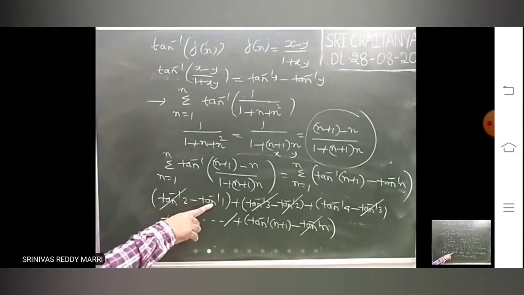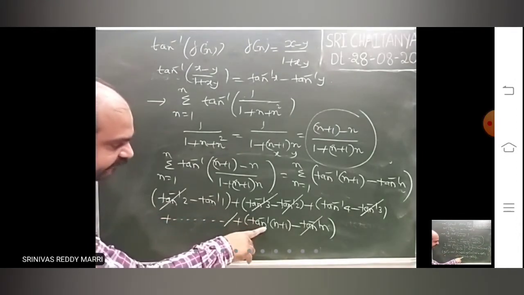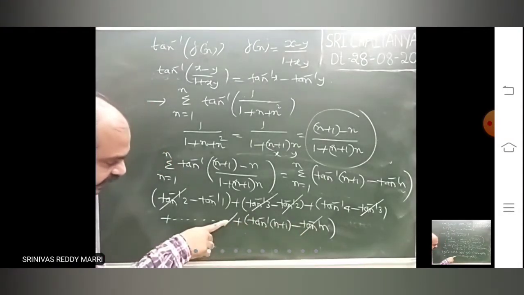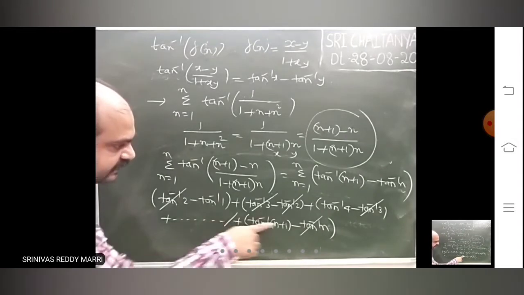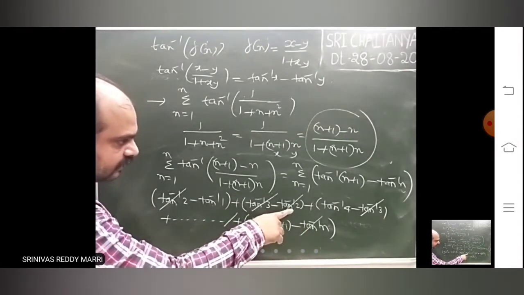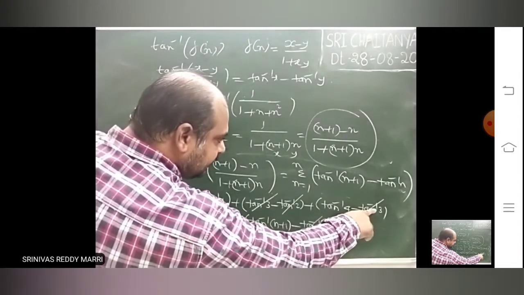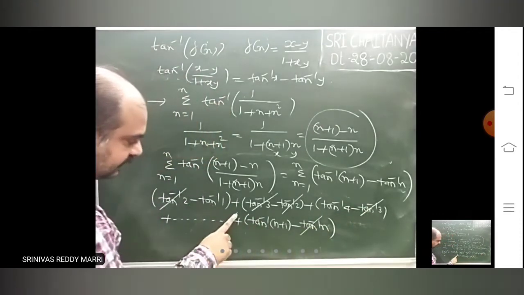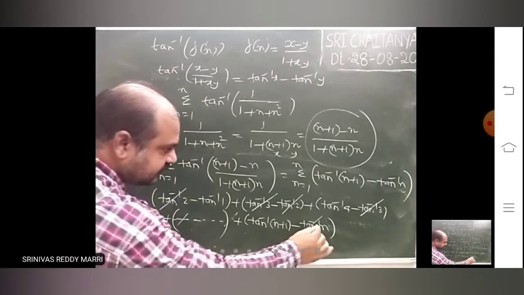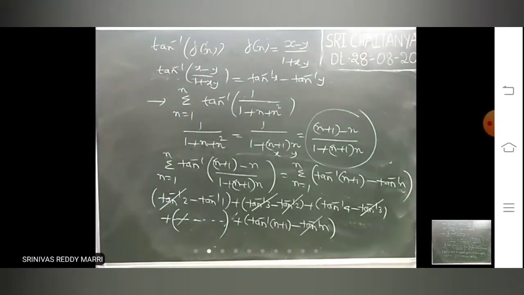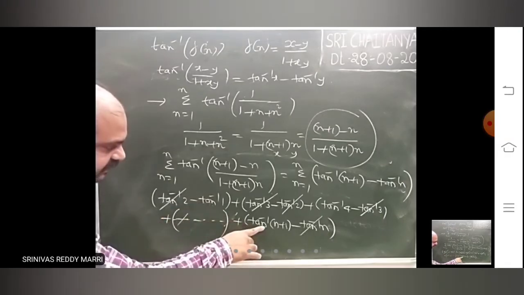Look at tan inverse n here: this and this will get cancelled. Look here, tan inverse 3 is getting cancelled. Like that, only in the first bracket the minus term, and in the last bracket the plus term will be remaining.